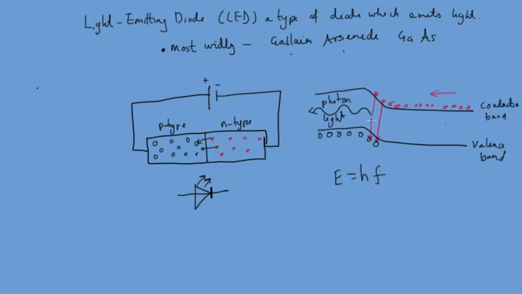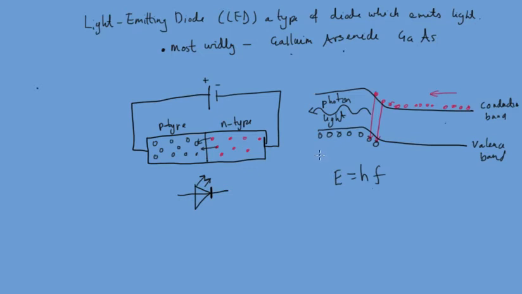So this energy gap that's dropped here determines the frequency of the photon, and this gap is determined by the types of material we use. When we use gallium arsenide, the energy gap will give us a red wavelength of light. So this is how we get our red LED.